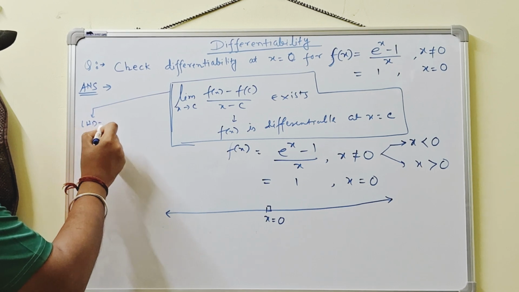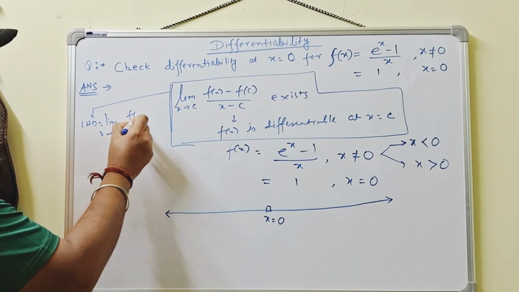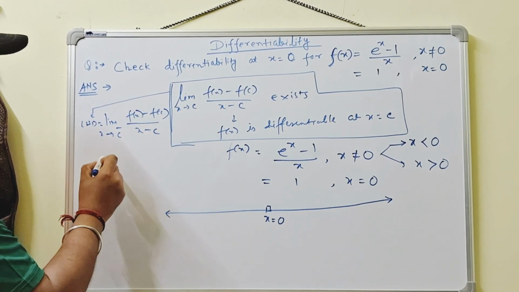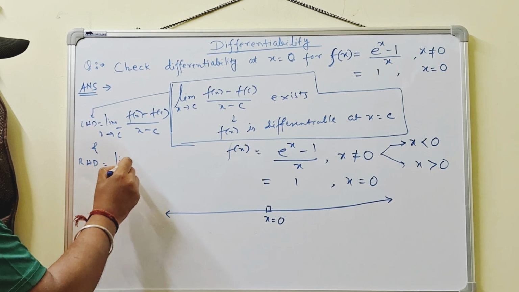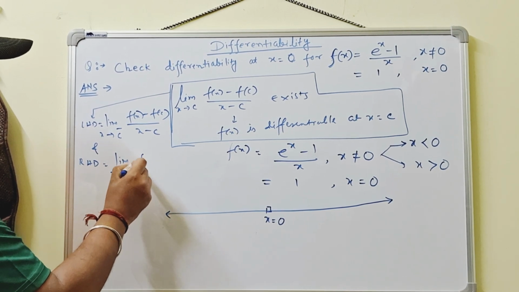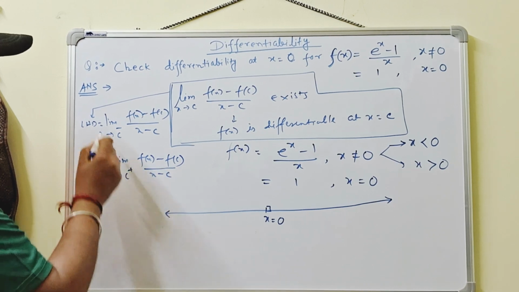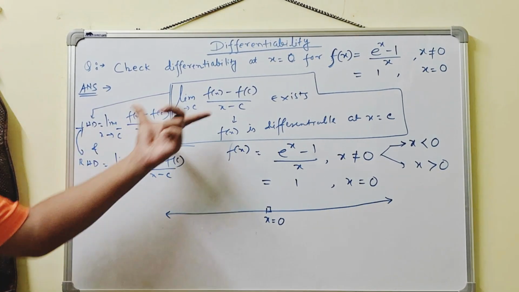Left hand derivative is limit x tends to c negative of (f(x) minus f(c)) by (x minus c), and right hand derivative means limit x tends to c positive of (f(x) minus f(c)) by (x minus c). If these two are equal, then you can say that the limit exists.